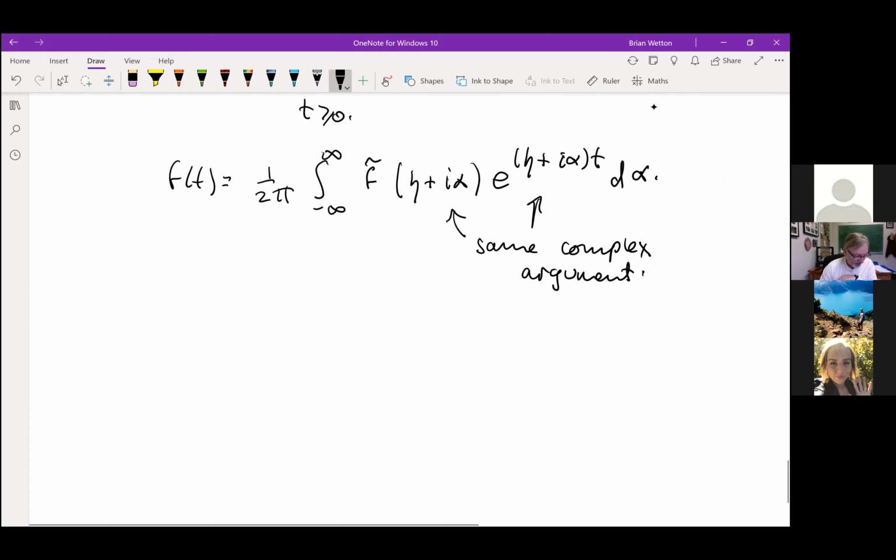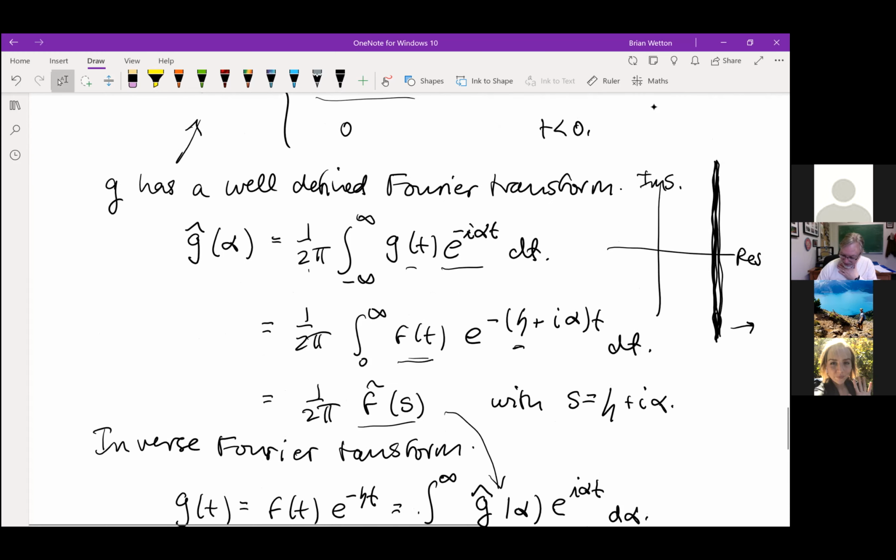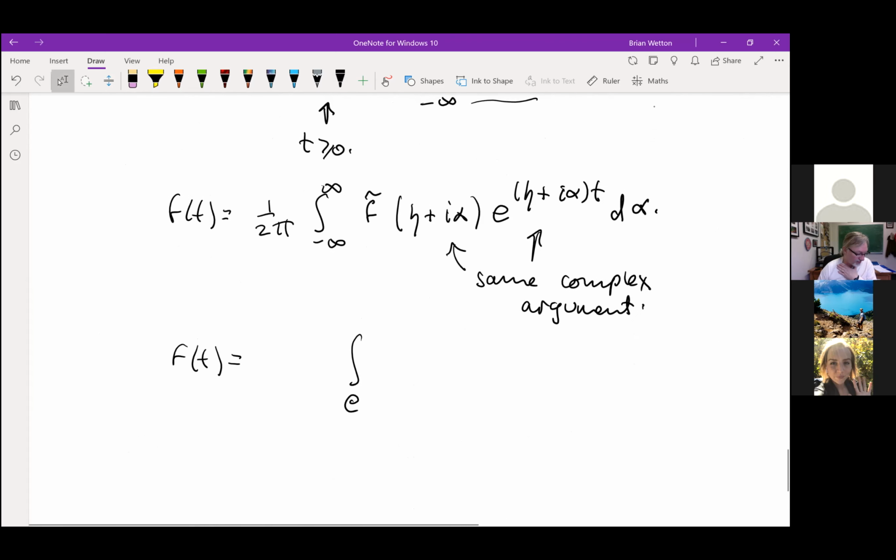And so I can really think of f of t as being an integral on this contour. So it's a complex contour integration. Right, this is the inverse Laplace transform. I take the transform on those values.